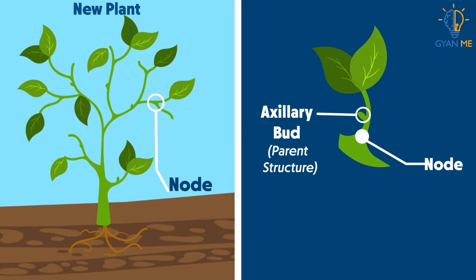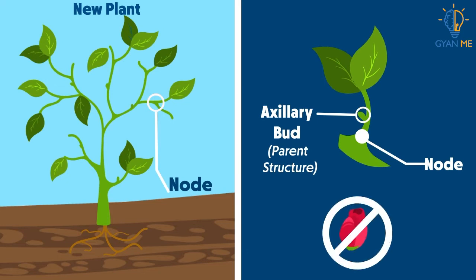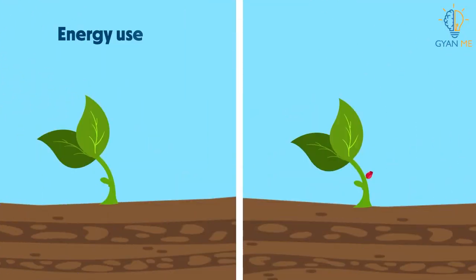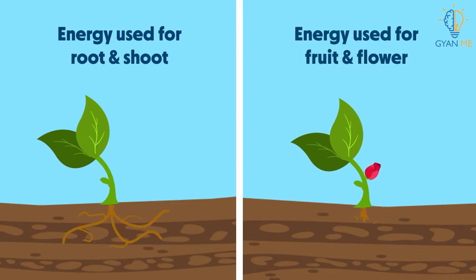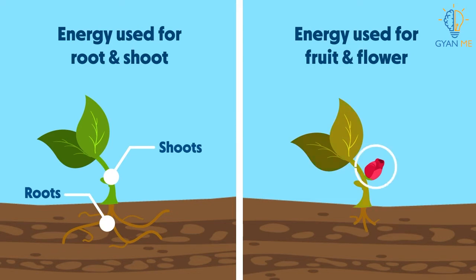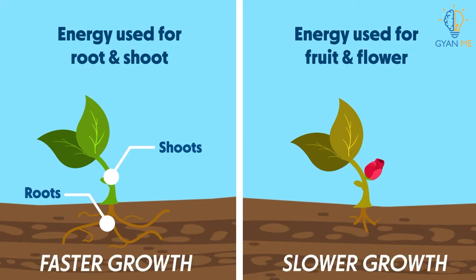Also, remove flowers and flower buds if there are any. This helps the cutting to use its energy and stored food for root and shoot formation rather than fruit and seed formation. And thus, if all the energy is used for root and shoot formation, then the plant will grow faster as compared to the other one.